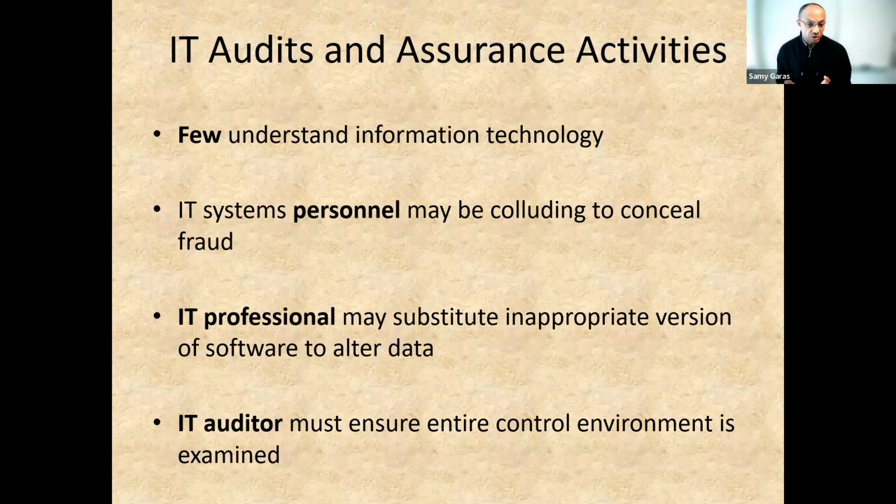The IT auditor, or the fraud examiner, or the forensic accountant, will come to ensure that the control environment is in practice, it's working, and there is no collusion among the individuals. So here in this screen, we talk about the audit for the individuals, not the system.